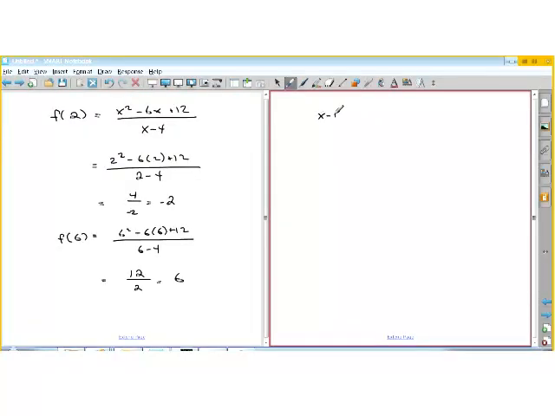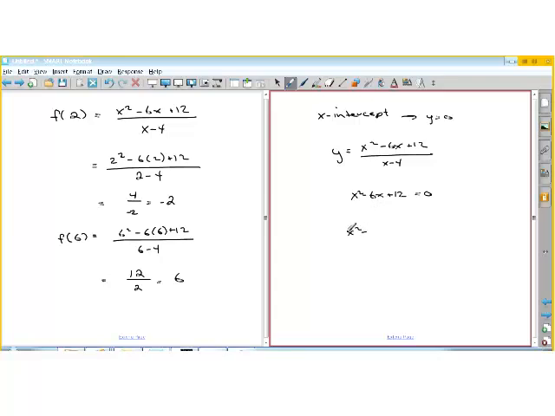So we need the x-intercept. That is when y is equal to 0. So we go back to our original expression. y is equal to x squared minus 6x plus 12, all divided by x minus 4. So that's true when the numerator is 0. Is there a nice way to factor that?